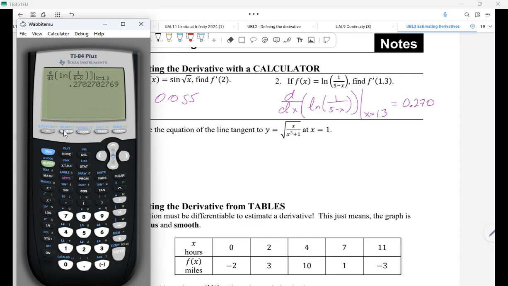I could do alpha f2 ddx. And then over near the right on there's a vars button, and if you click over to yvars, that will actually give you your y1. It's not the only way to do it. That's the long way to do it. I just remembered. But yeah, so this will do the same thing.